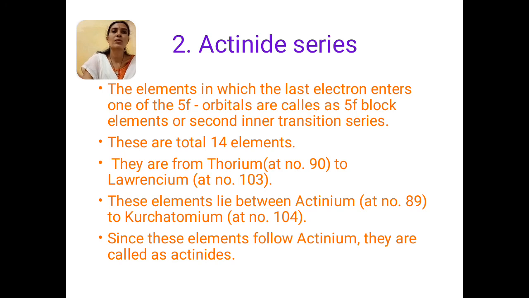Again, this actinide series consists of total 14 elements from thorium having atomic number 90 up to lawrencium atomic number 103. These elements lie between actinium having atomic number 89 and rutherfordium having atomic number 104. These elements follow actinium from D block, so they are called as actinides.